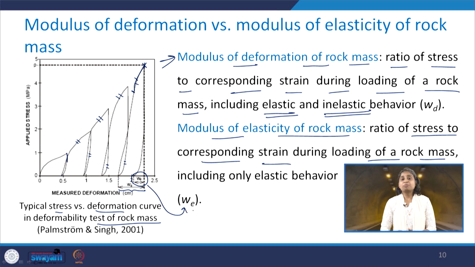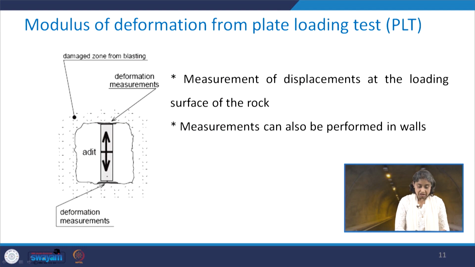So, this is used for the determination of modulus of elasticity of the rock mass. However, this complete WD will be used for the determination of modulus of deformation of rock mass. So, that is the basic difference between the two.